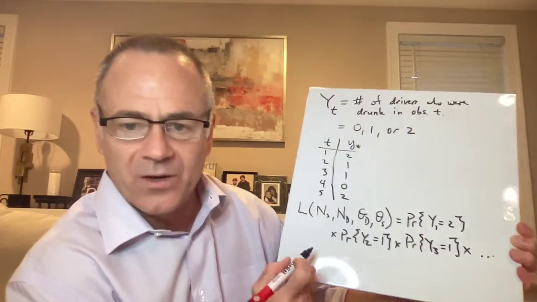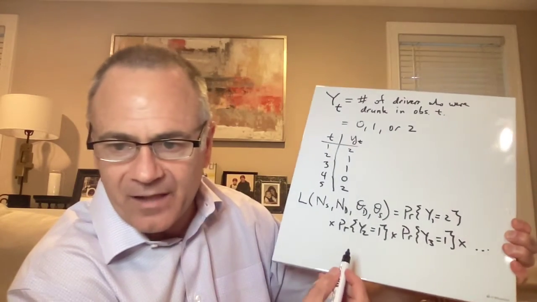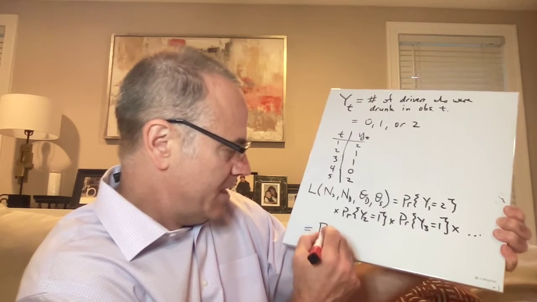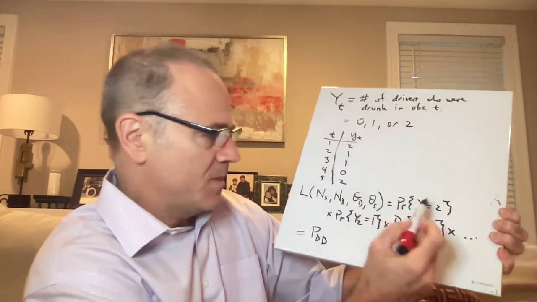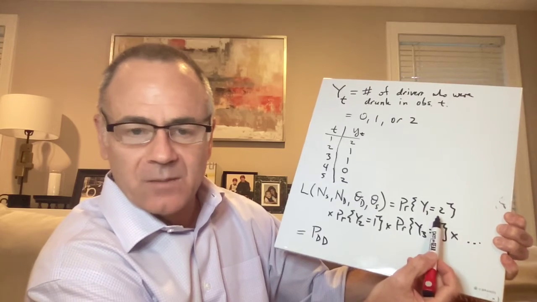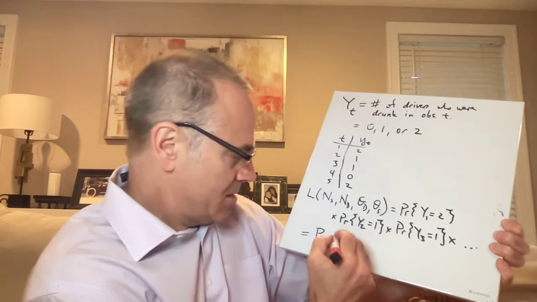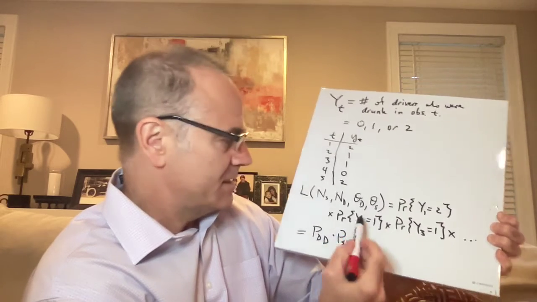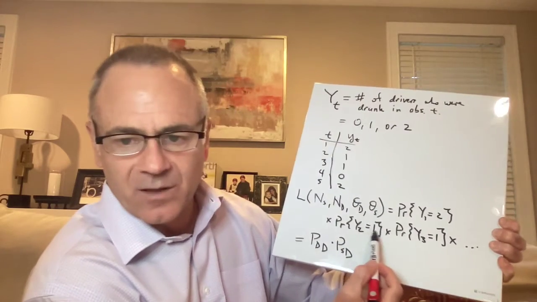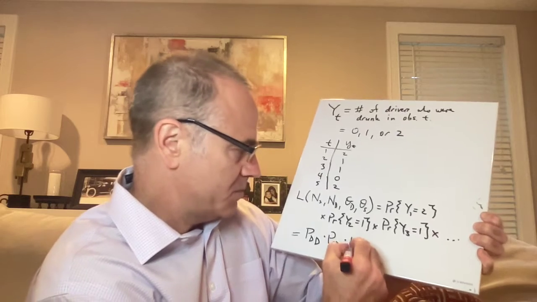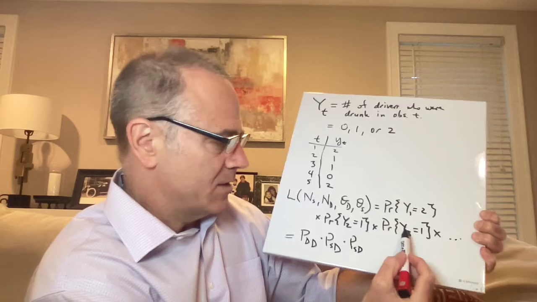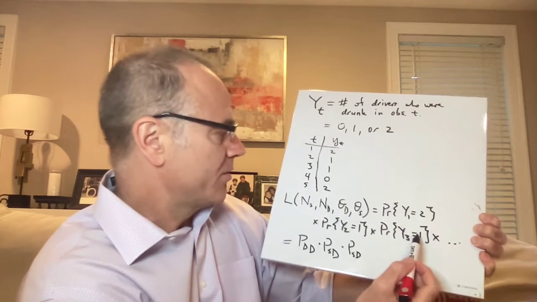But before we do that, we can look at this likelihood function and say it just equals PDD, because the first observation had two drunk drivers, times PDS, because the second observation only had one drunk driver, times PDS again, because the third observation only had one drunk driver.